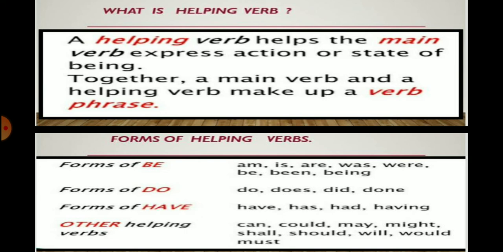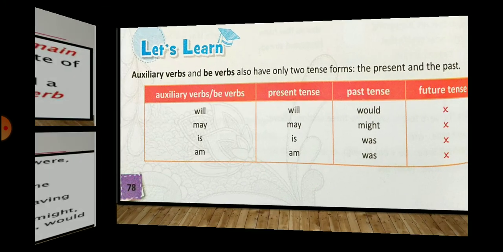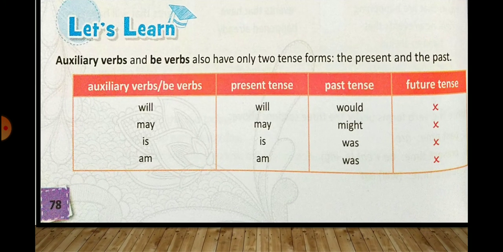Okay, now let's check out the auxiliary verbs. The be forms also have only two tense forms. So it is the same for the auxiliary verbs or the helping verbs also. The present form is will, and the past form is would. May is the present form, might is the past form, is is the present form, was is the past form, am is the present tense, and was is the past tense.